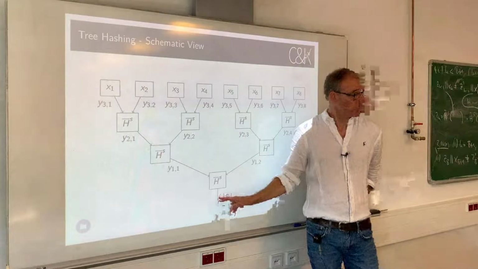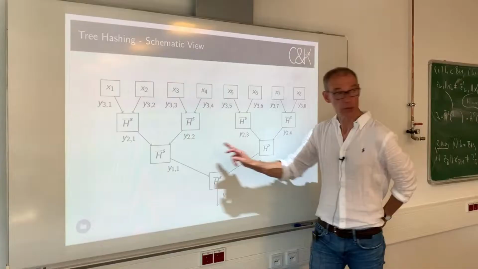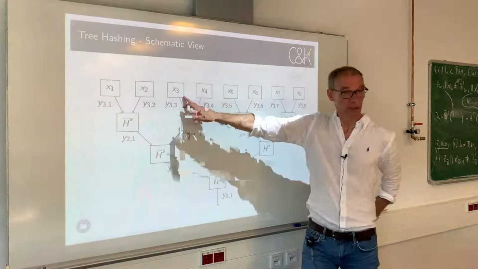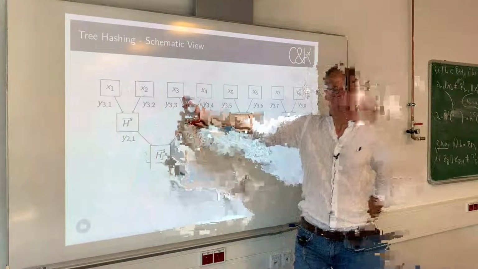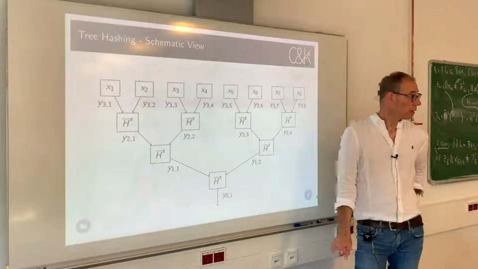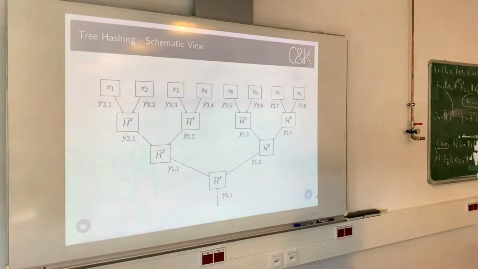But I can do that by just getting these values from the cloud provider. You check x3. So you give me the new one here, the old one here, and then I recompute my hash value. And again, if it does something funny, I will detect it. So you can really read and also write.